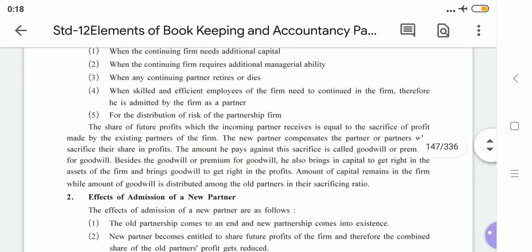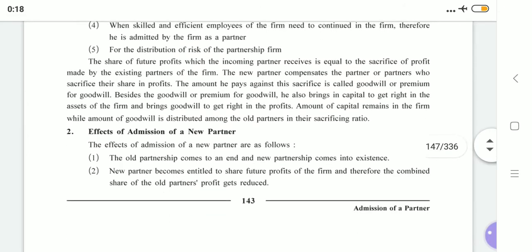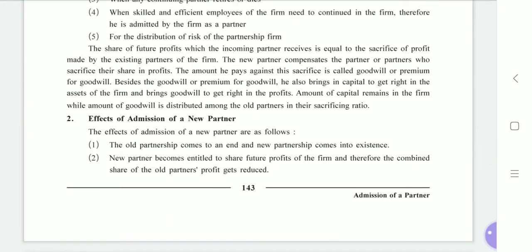When skilled and efficient employees of a firm need to continue in the firm, therefore he is admitted by the firm as a partner. A person with extraordinary capability or some skills, the benefit of which is required by the firm, so the new partner is admitted.